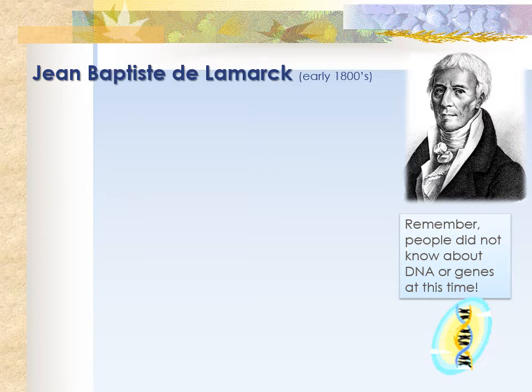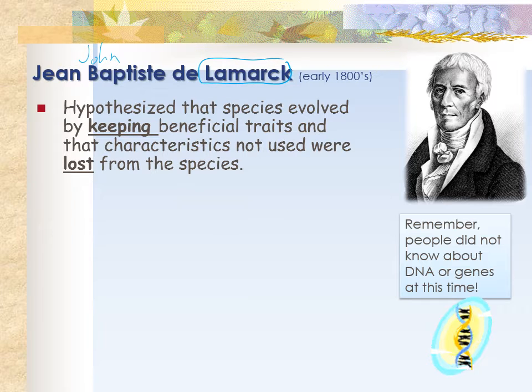Let's start with the ideas of Lamarck. We generally just call him by his last name. His whole name was Jean-Baptiste de Lamarck. He was French. Jean is like the English version of John. So in the early 1800s, he proposed that species evolved by keeping any traits that were beneficial, that means good, and any characteristics that were not used or were intentionally not used were lost from the species.